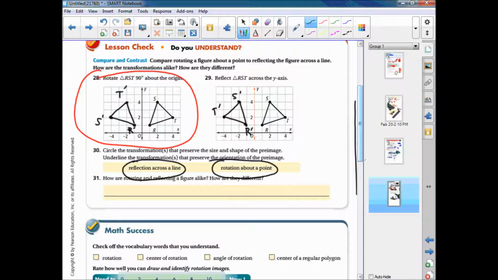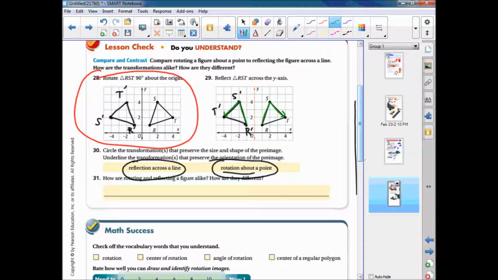And then we want to underline the one that preserves the orientation. Okay, so the orientation is supposed to be the same. So like here it goes RST, and over here it goes RST. Okay, so for our reflection, RST was going this direction, and here it's R prime S prime T prime going in the opposite direction.